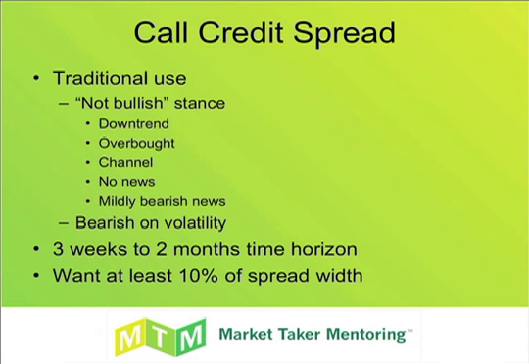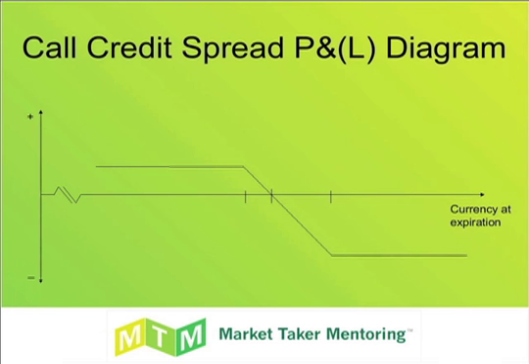You get a credit when you make this trade. You get money deposited into your account, but you have the spread that is a potential liability. So, rule of thumb, you want at least 10% option premium in relation to the width of the spread in terms of the strike prices.